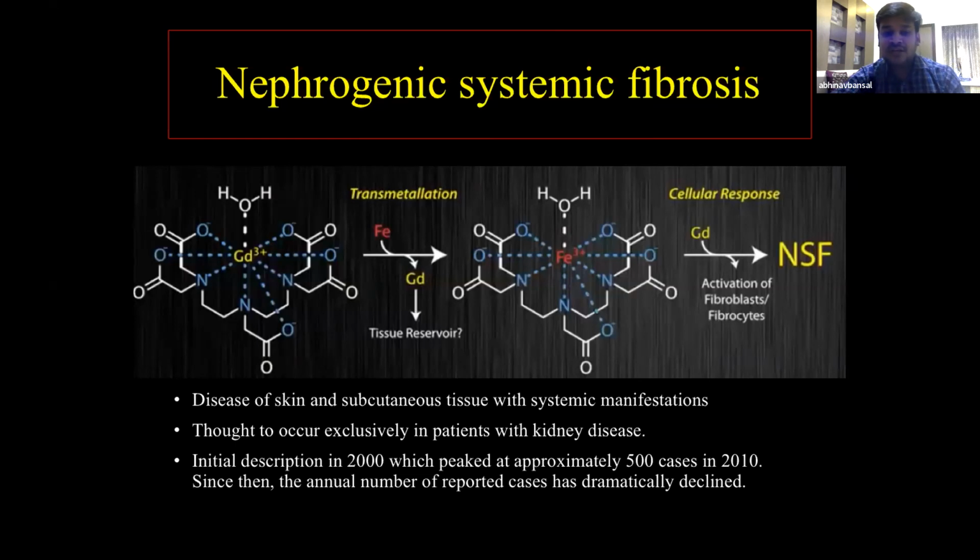So initially, it was described in 2000, following which the incidence increased for some time till 2010, following which the number of reported cases has been decreasing steadily, basically because of reduced use of the contrast agents in people with kidney disease and the use of safer agents as compared to the prior practices, and also because of greater awareness.